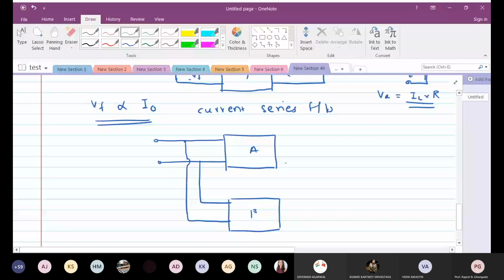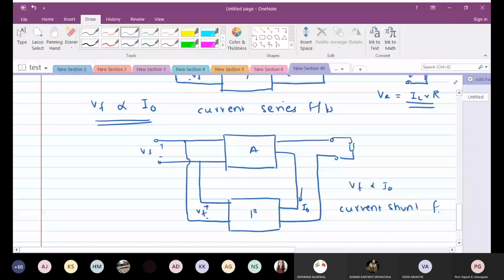Very good. So I'll have something like this. Of course, don't forget the load here. The current flowing through this is IO. Again VF is proportional to IO, but VF is connected in parallel with the input. So this becomes a current shunt feedback.